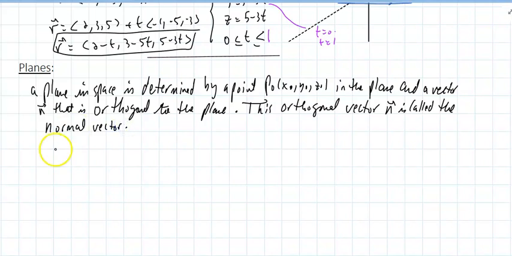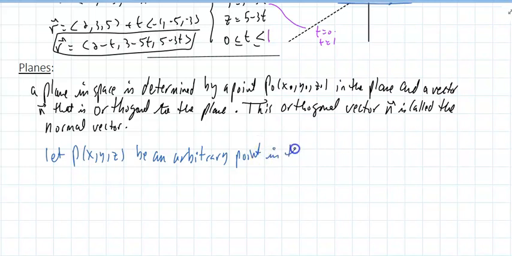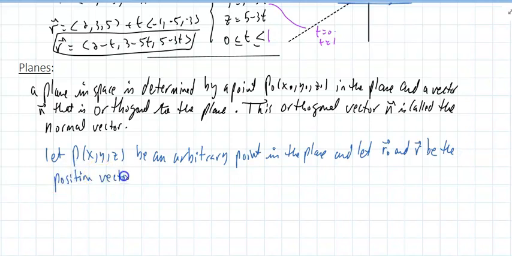So we start off by letting a point be on the plane, any point, and an arbitrary point in the plane as well. And let r sub 0 and r be the position vectors of p naught and this arbitrary point.